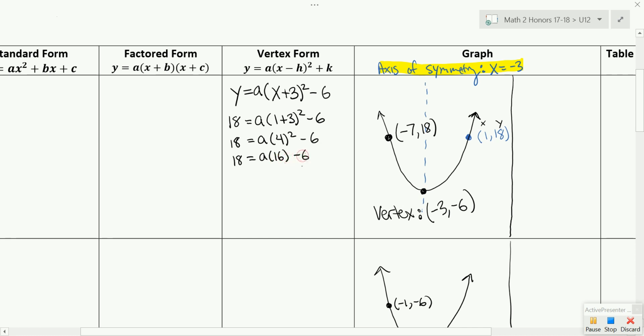And you might be tempted, but do not subtract 6 from 16. Because 16 is multiplied with the a first. Order of operations says you have to multiply before you subtract. But we don't know what a is, so we can't multiply, so then we can't subtract. Okay? So instead, add 6 to both sides.